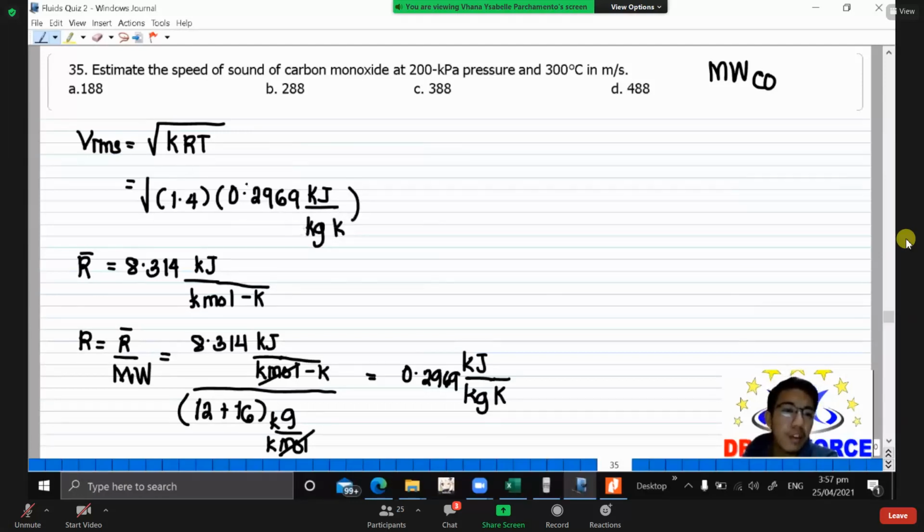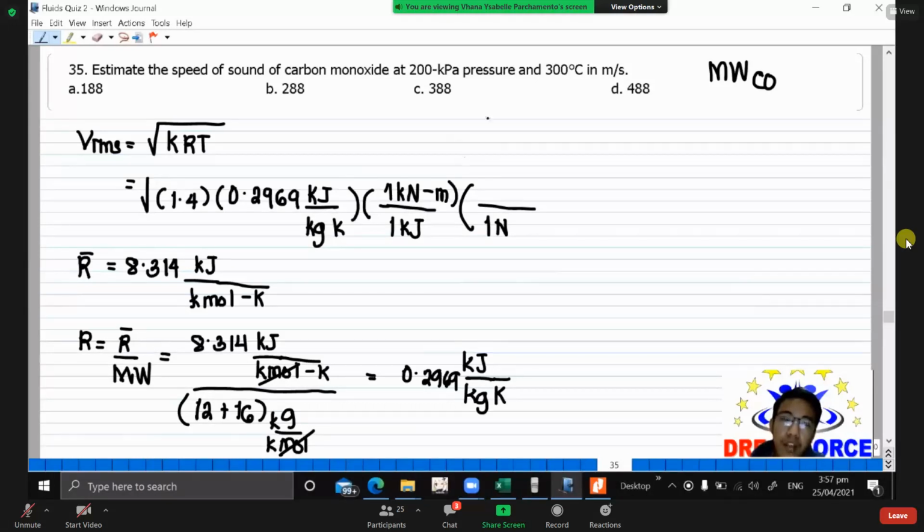Okay, dapat mag-cancel yung kilogram dito. Bakit? Kasi hindi ka naman pwede magkaroon ng velocity na may kilogram. Okay, convert natin yung kilojoules. Di ba in 1 kilojoule, meron tayong 1 kilonewton meter. And in 1 newton, ang newton is kilogram meter per square second, mass times acceleration.